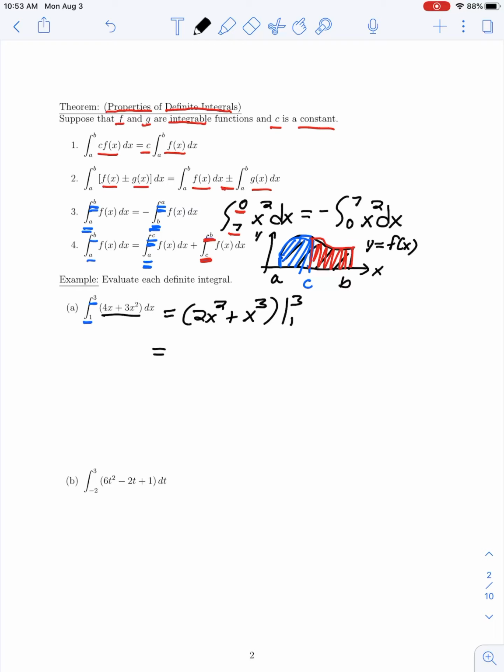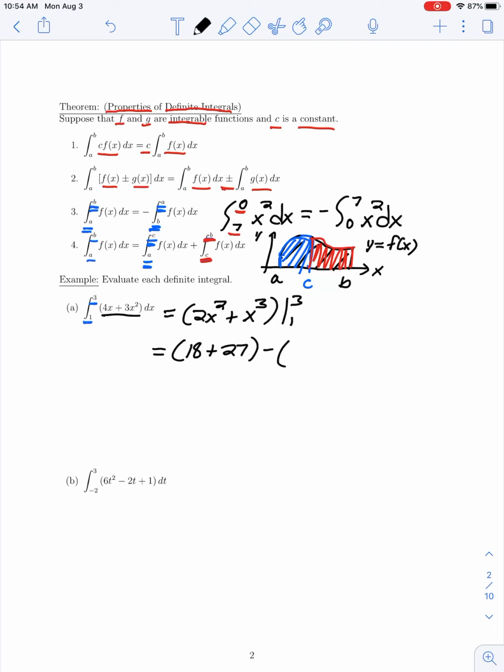So we start by substituting the upper limit of integration in for our antiderivative. So evaluating at x equals 3, we would have 2 times 9, or 18, plus 3 cubed, which is 27.